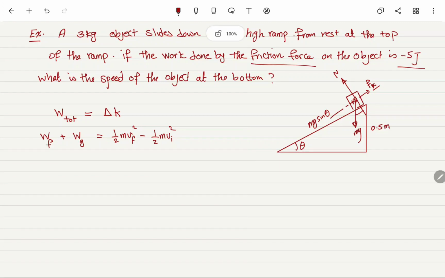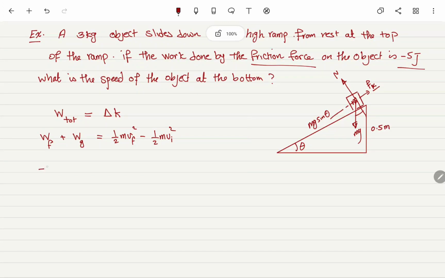Work done by friction is already given, minus 5, plus work done from gravity, which is equal to U initial minus U final, equal to, starting from rest, the initial velocity is equal to 0, so it's equal to half m v final square.